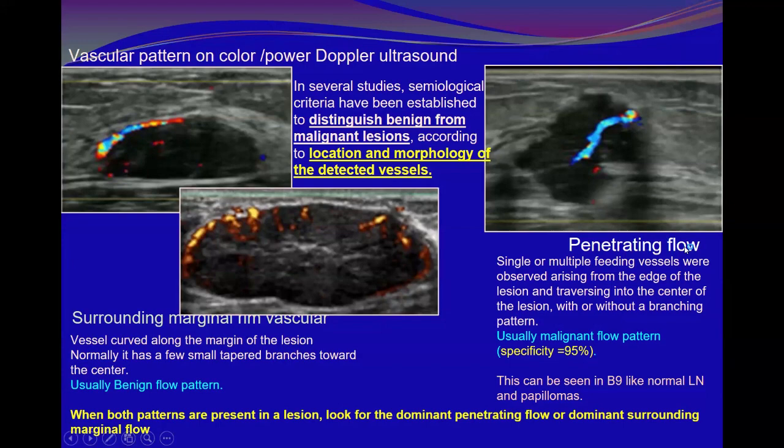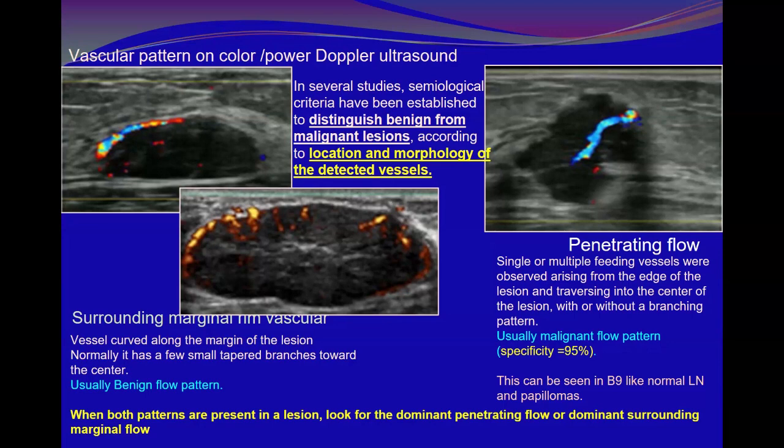The penetrating flow is when we see the vessel perpendicularly penetrating or entering the mass from the edge, traversing the center of the mass with or without a branching pattern. This is usually seen with malignancy, and that is why it is considered a suspicious finding, with a specificity of 95% for predicting malignancy.